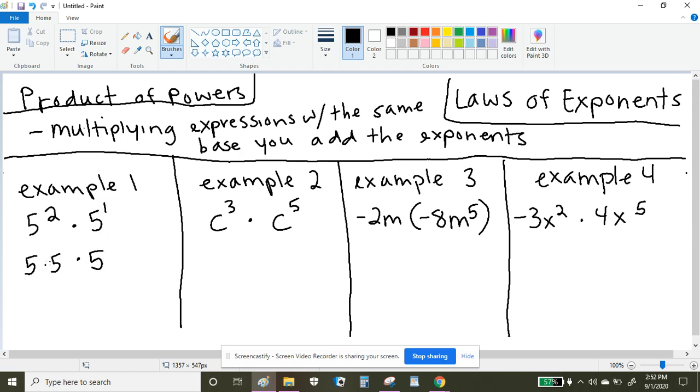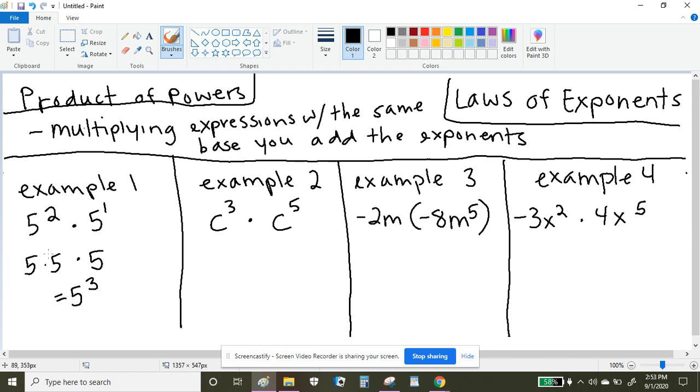Now, if we look at this, we just proved this statement that says when we're multiplying expressions with the same base, you add the exponents. This expression became 5 times 5, so we had 2 5s. This expression only had 1 5, so we got 1. So our answer becomes 5 to the third.